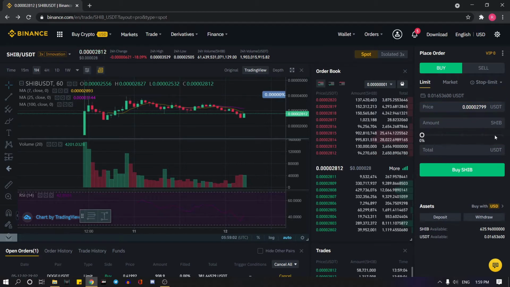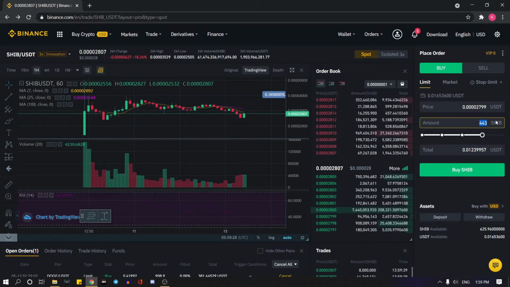And the amount of Shiba. So that depends on your current balance. So this is my available balance here, as you can see in the bottom right. Shiba available, that'll be 625 and so on. So it depends.